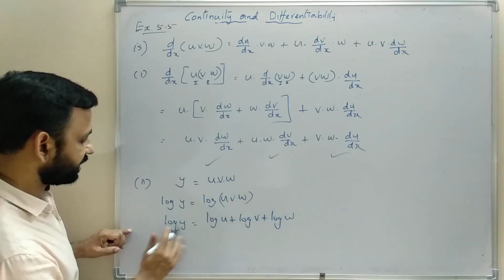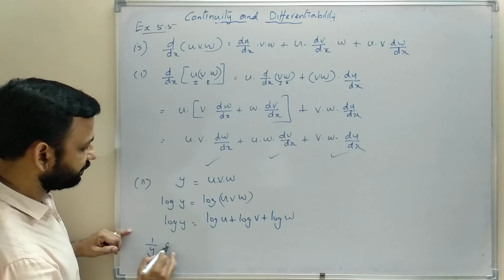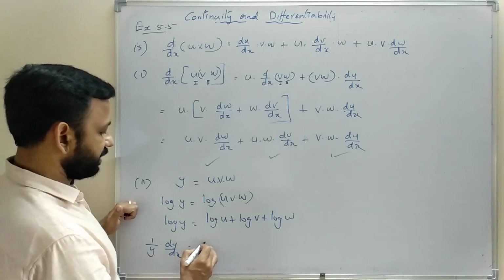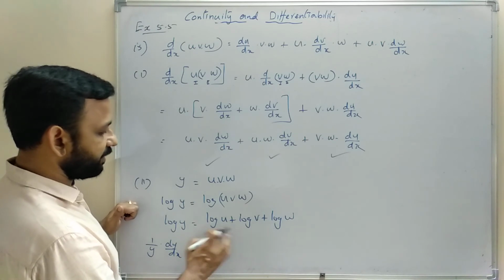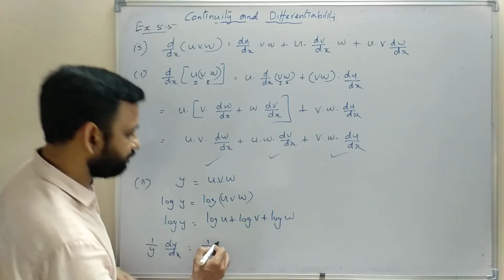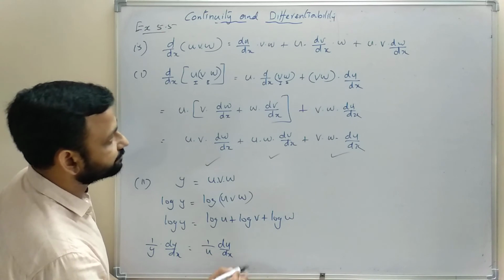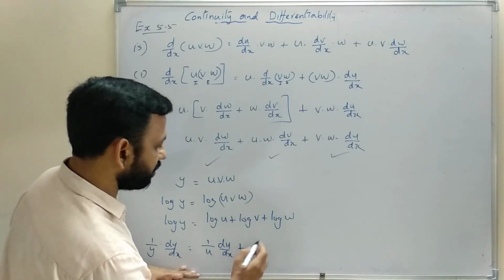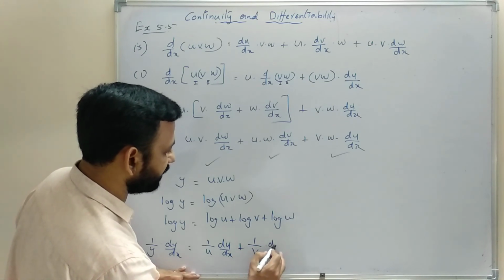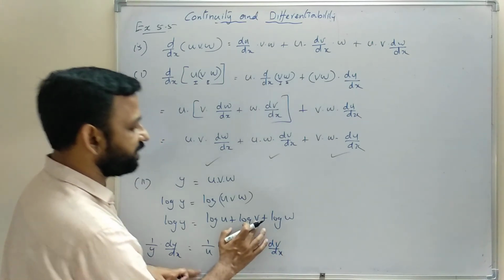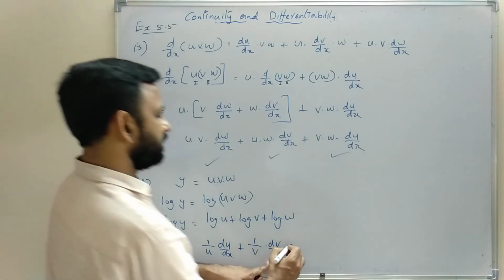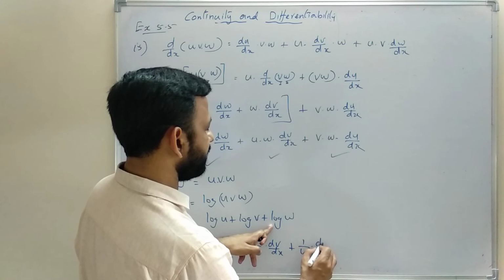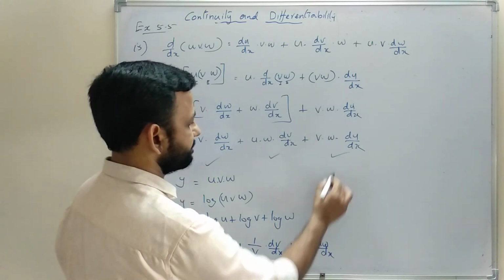Now we can differentiate log y, that is 1 upon y into dy by dx, equal to derivative of log u, that is 1 by u into du by dx, plus derivative of log v, that is 1 by v into dv by dx, plus derivative of log w, that is 1 by w into dw by dx.